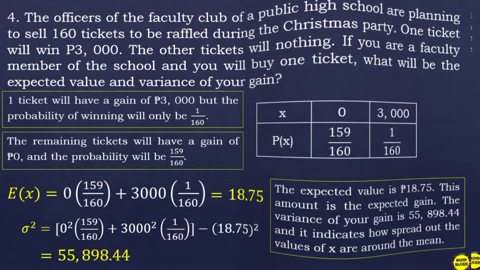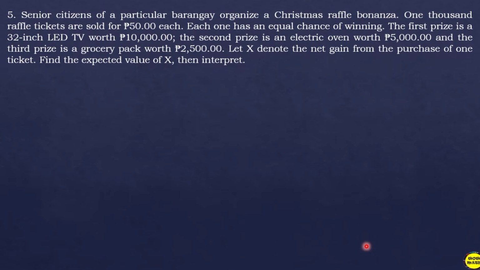Okay? This is the last example. Senior citizens of a particular barangay organize a Christmas raffle bonanza. So, 1,000 raffle tickets are sold for 50 pesos each. So, one ticket costs 50 pesos. How many in all? 1,000. So, each one has an equal chance of winning.